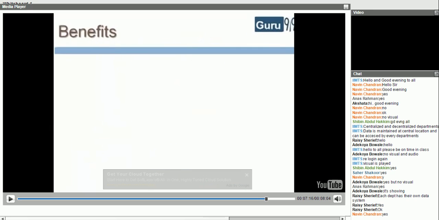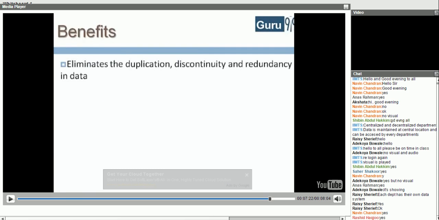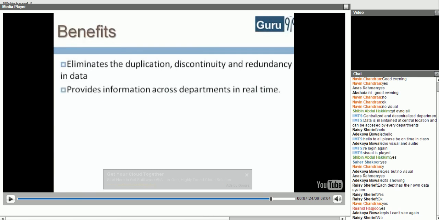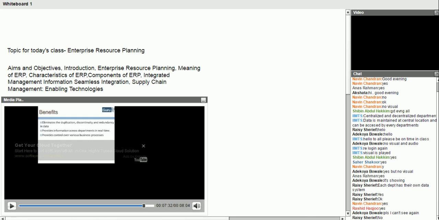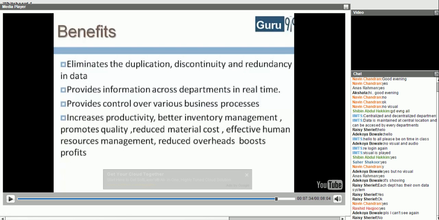The key benefits of the centralized system are it eliminates the duplication, discontinuity, and redundancy in data. It provides information across departments in real time. It provides control over various business processes. It increases productivity, provides better inventory management, promotes quality, reduces costs.